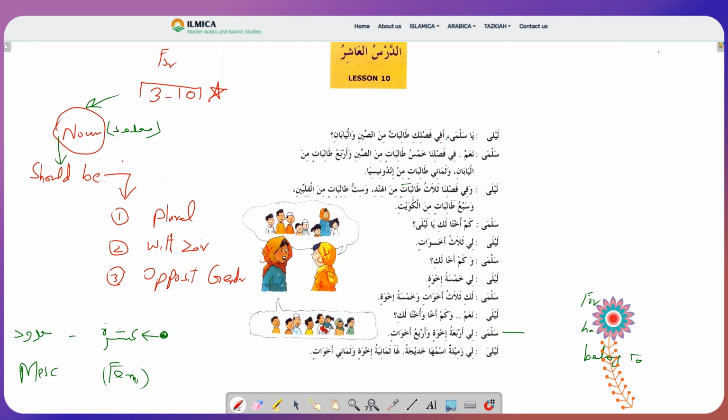Li, the lam means has and have, and the ya means I. So Salma says, Li, I have arba'atu, four. Arba'a, four.